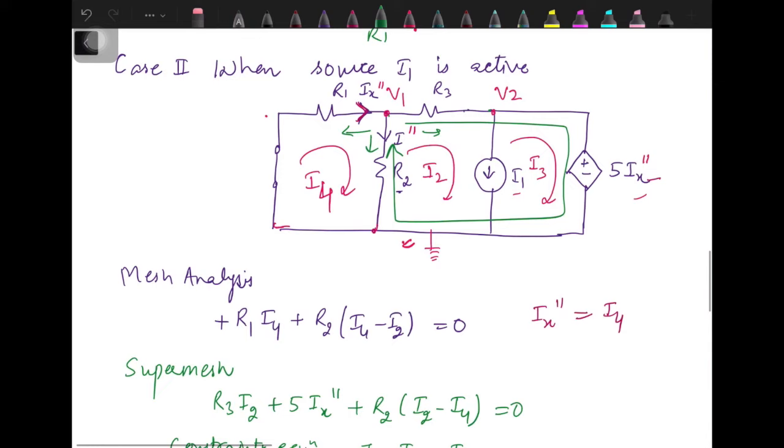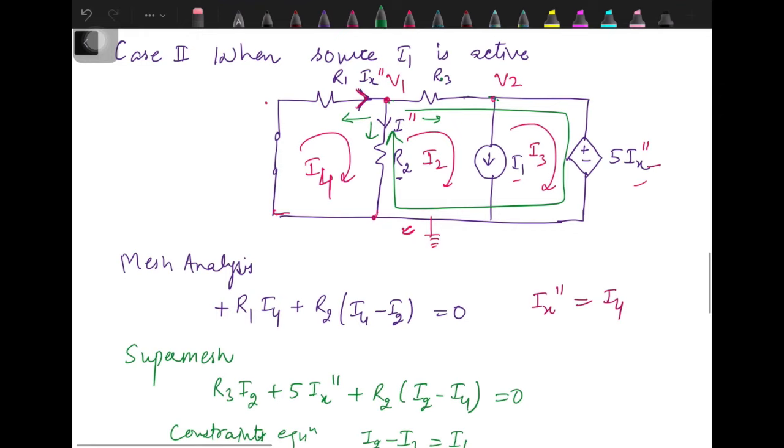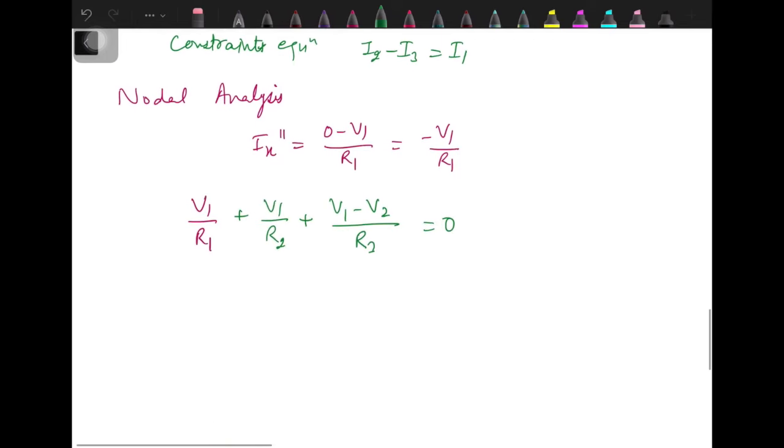Then from the second node, what will we have? We will have a voltage source common between the node and the reference. So we will have the value of V2 directly as 5 times Ix double dash. And then you can substitute it in terms of V1 and solve.